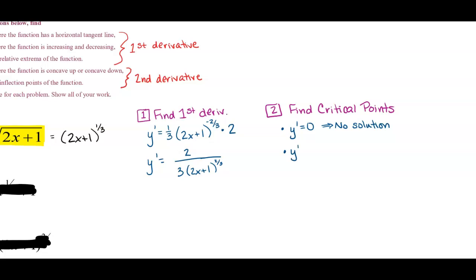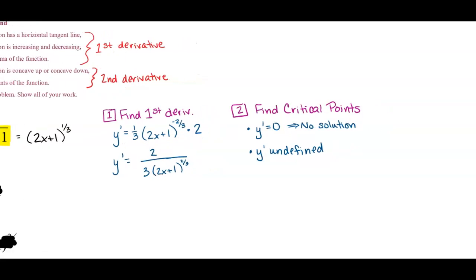And that would be where y prime is undefined. And that would require the denominator to be equal to 0. So we're going to say 3 times 2x plus 1 to the 2/3 power equals 0. Well, you can imagine dividing both sides by 3 to get rid of that 3.